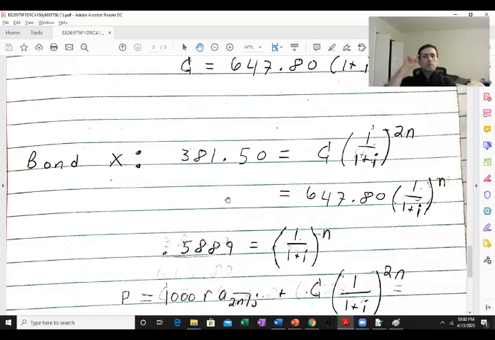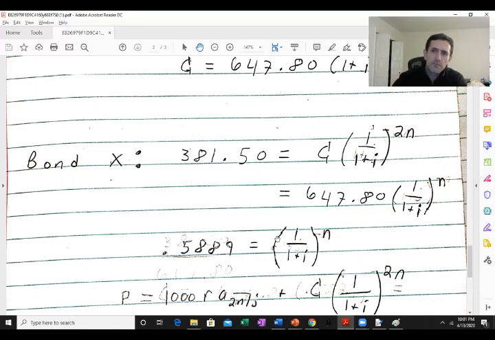So it's F times r. Again, there's 2n semi-annual payments, so it's a_{2n}, j is the effective semi-annual yield rate for the bond. So it's F times r times a_{2n} at j. You discount the redemption value by the number of semi-annual periods, which is 2n.